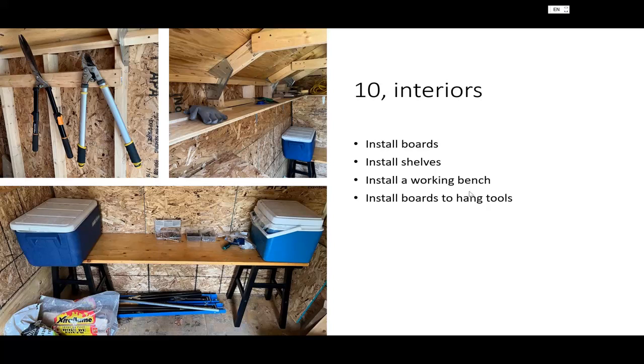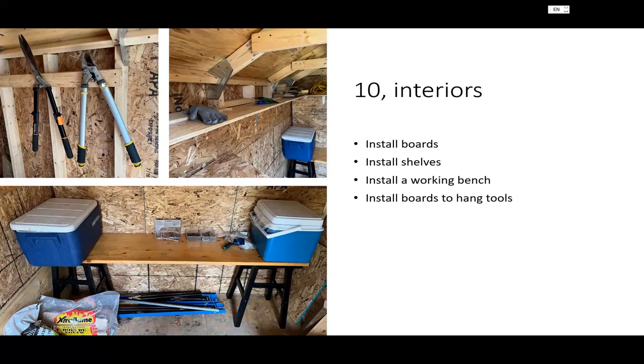Okay, so that's a working bench. It's also quite good. You can quietly build something, small tools and little assemblies, here on this working bench. And after that, you can also put some boards here, just screw them in, and put some branch cutters and everything. So that concludes our video, including the exteriors and the interiors.